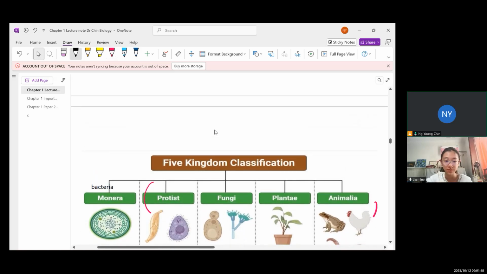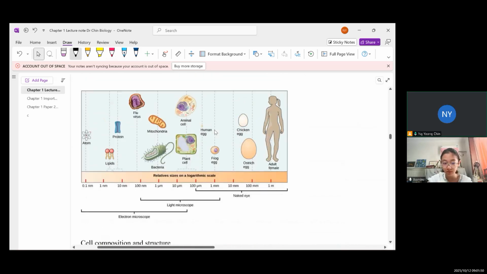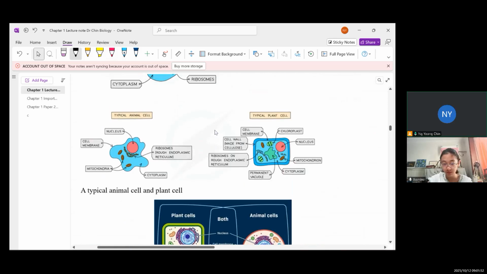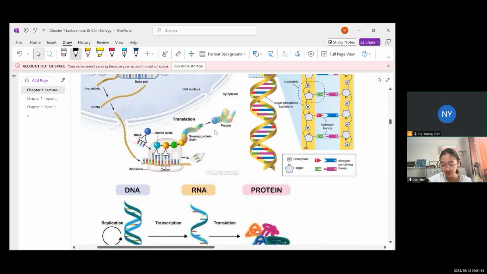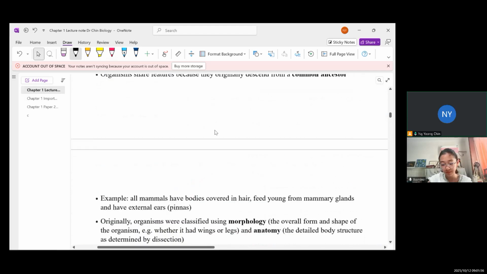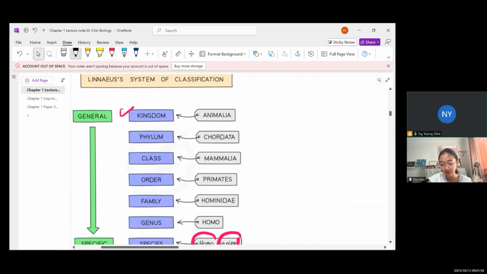Starting from the 5 kingdoms, they will further narrow down and group based on their characteristics. Now they become phyla. From kingdom they become phylum.